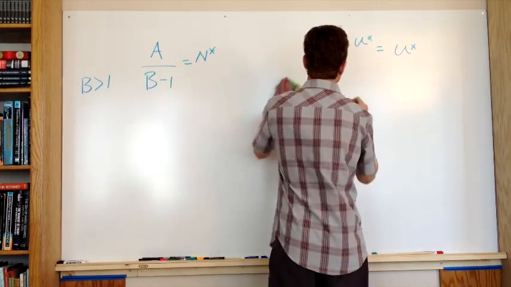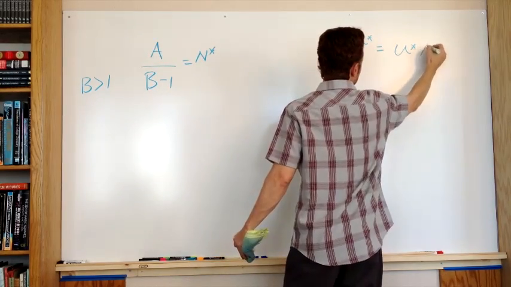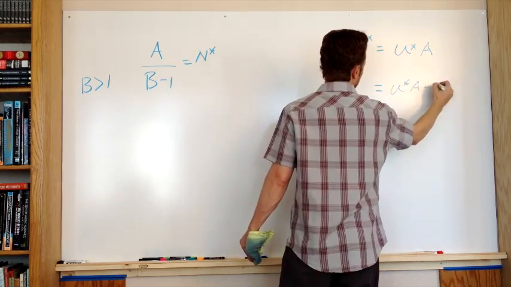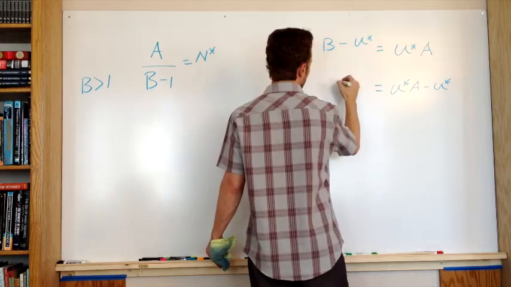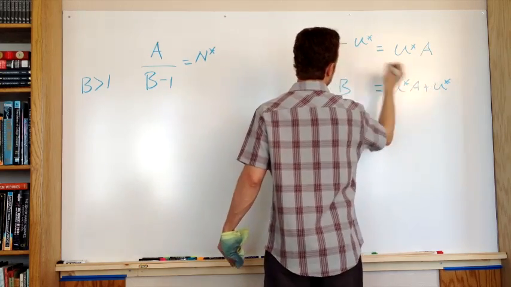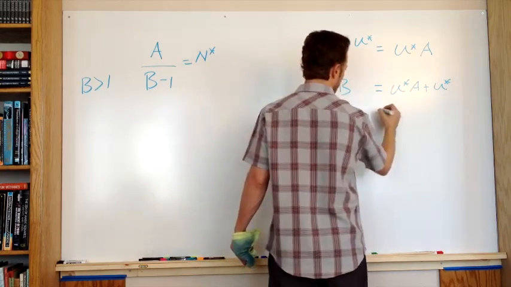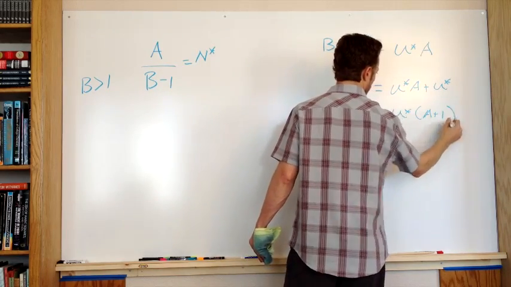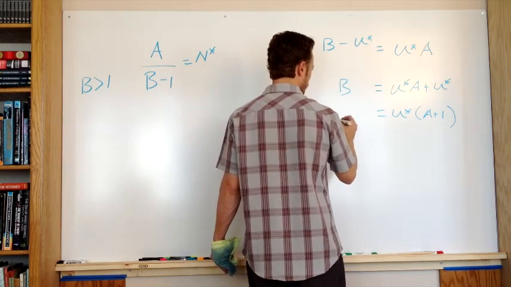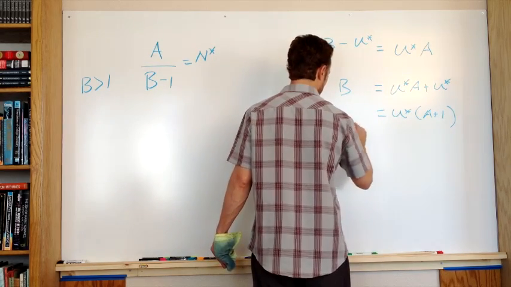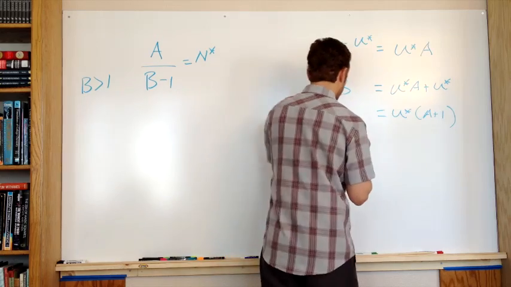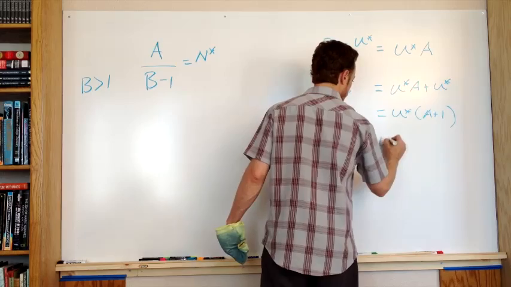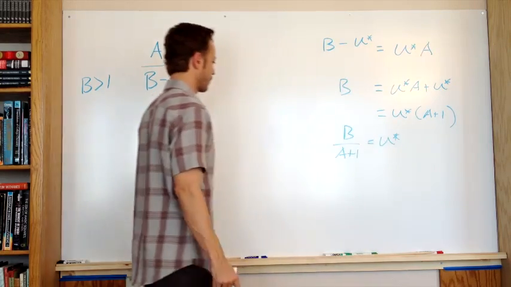We multiply the A over, then we add the U star this time, we factor out the U star, and we divide over A plus 1, and we end up with B over A plus 1 equals U star.